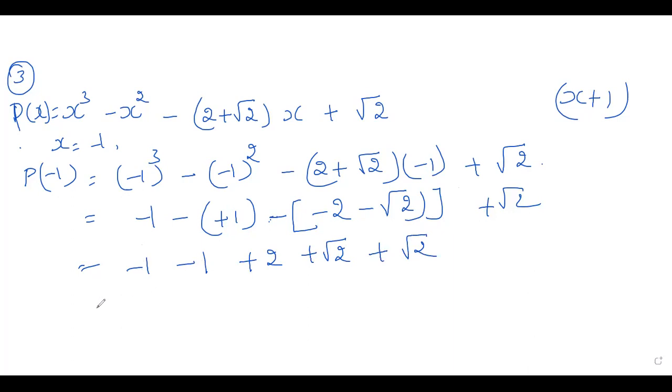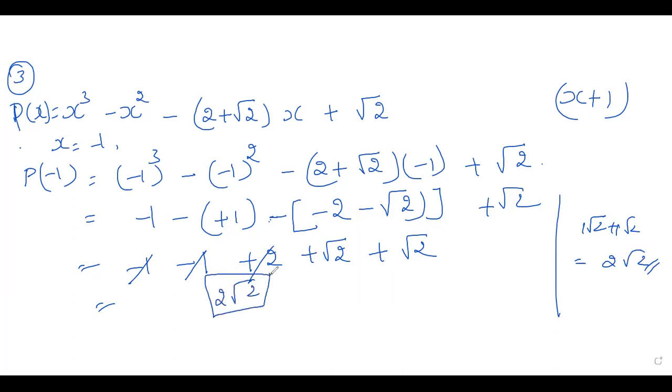-1 is -2. So I will cancel -1 with +2, children. So what is the answer here? Root 2 plus root 2, so that is 1 root 2 plus 1 root 2, that is 2 root 2. What is the answer here? 2 root 2.